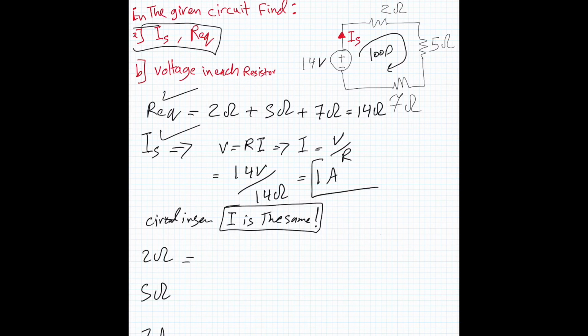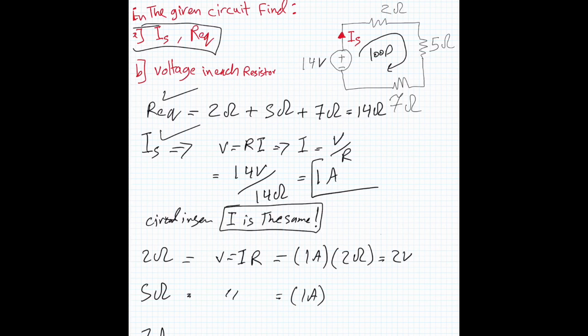For the 2 ohm resistor, V equals I R, and we know I is 1 amp. So 1 amp multiplied by 2 ohms gives me 2 volts. For the second one, 5 ohms, use the same Ohm's law. The current is 1 amp.